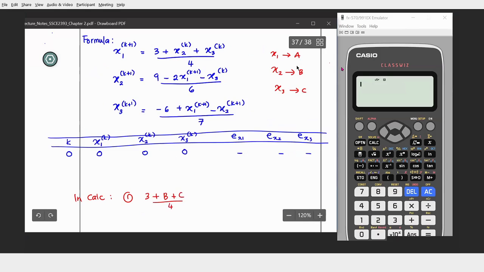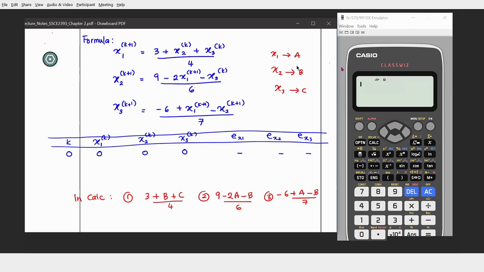The second equation that we want to store is 9 minus 2A minus B over 6. The third equation is negative 6 plus A minus B over 7. So we put one by one.